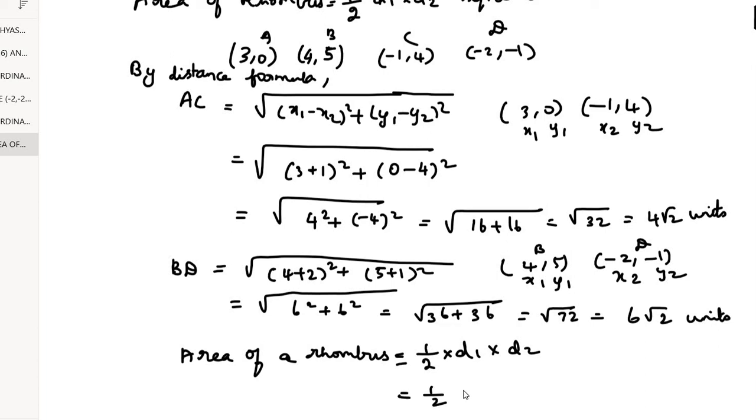What are the diagonals we got? 4 root 2 and 6 root 2. When I cancel, I'll get 2 root 2 into 6 root 2. That is 6 2s are 12, root 2 into root 2 is 2, so 12 2s are 24. So the area of the rhombus is equal to 24 square units. Do you understand, children? Thank you.